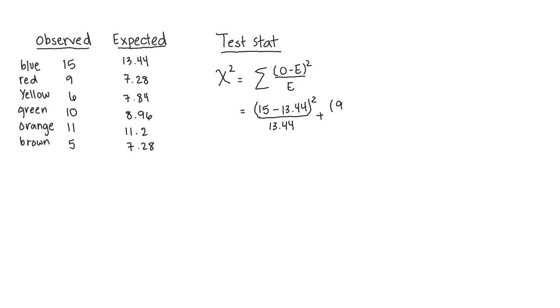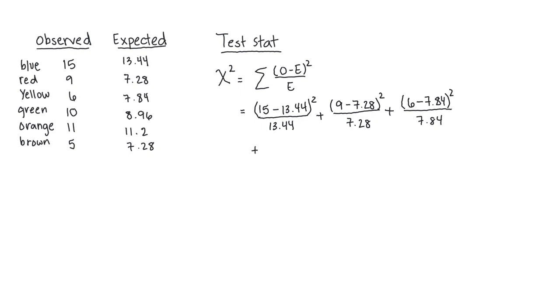So we'll have 9 minus 7.28 squared divided by the expected, which is 7.28. Plus, now to yellow, 6 minus 7.84 squared divided by 7.84.